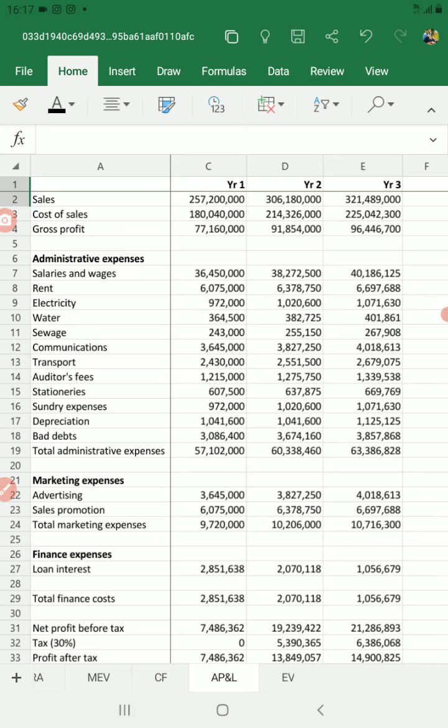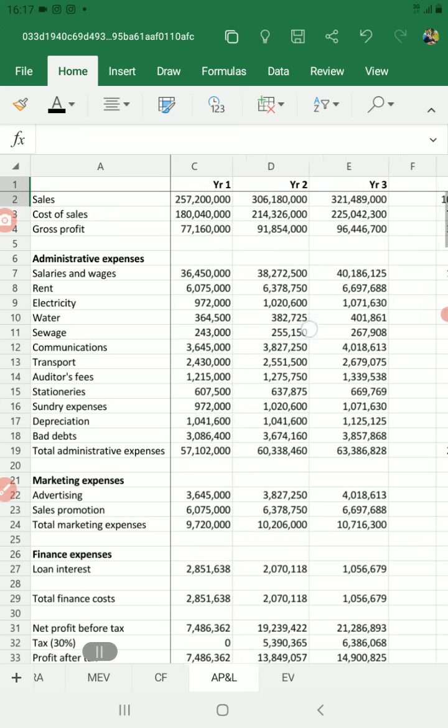Last time we ended up tutoring on how to prepare common size financials. And that is a vertical analysis because it concentrates on converting the financials into percentage terms in the same period of time.